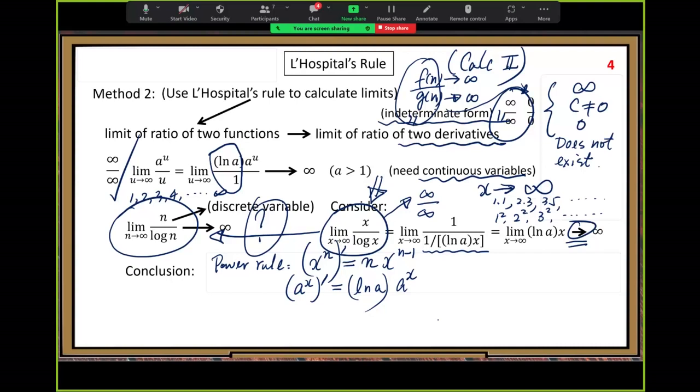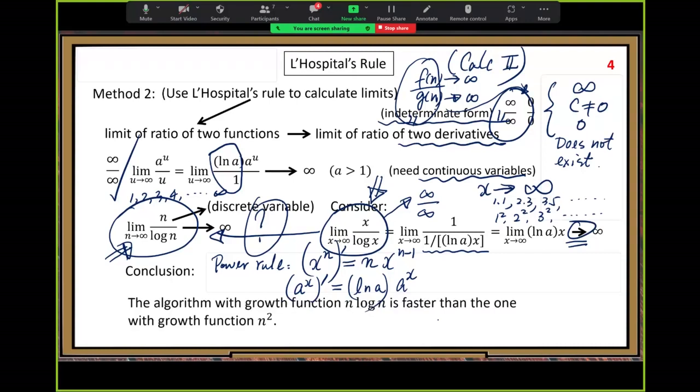Our textbook just applies derivative on the discrete functions, discrete versions of functions directly. So that's not rigorous. You need to be aware of it. All right, so let's make a conclusion.